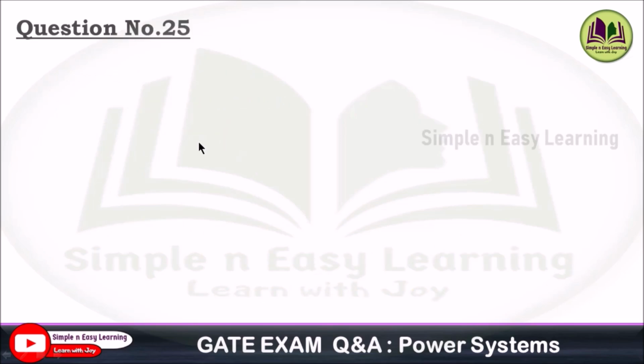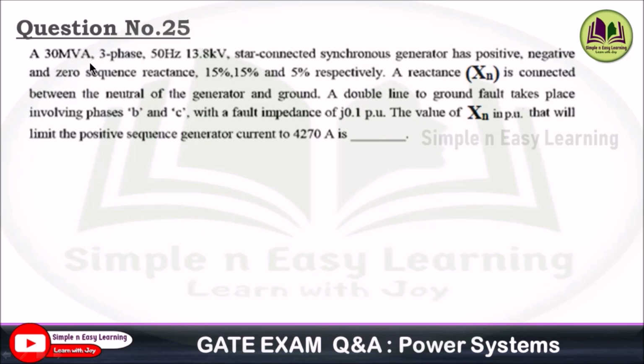Question number 25. A 30 MVA, 3-phase, 50 Hz, 13.8 kV star connected synchronous generator has positive, negative and zero sequence reactances of 15%, 15% and 5% respectively. A reactance Xn is connected between the neutral of the generator and ground.